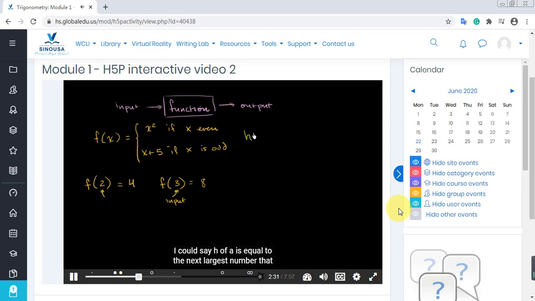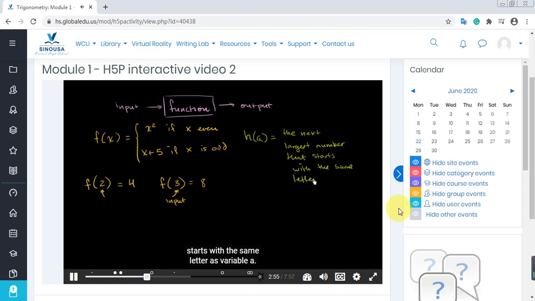So I could say h of a is equal to the next largest number that starts with the same letter as variable a. It says as variable a, and we're going to assume that we are dealing in English.